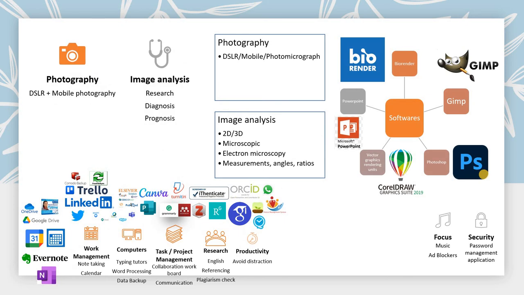During your course of post-graduation, you need to keep records of all the patients that you work with. You may have to know sufficiently about DSLR, mobile, and photomicrography, which has to be trained. You have to take special training for understanding two-dimensional and three-dimensional data, microscopic data evaluation, use of electron microscopy, various measurements of angles, ratios, etc. To help you with all of these, multiple software like ImageJ, GIMP, Photoshop, etc. can be used.